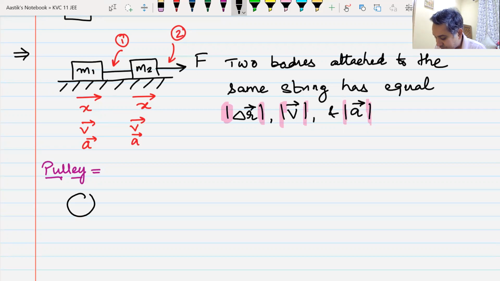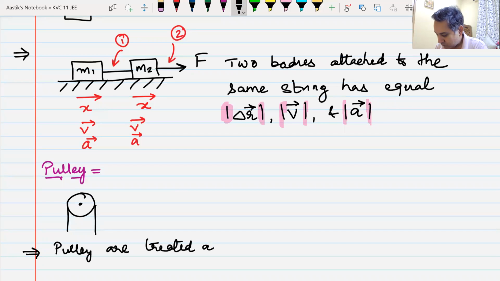And this is what a pulley is like. It looks like this, and it might have a rope going around it. Now, whenever someone talks about pulleys, remember pulleys are treated as massless and frictionless.